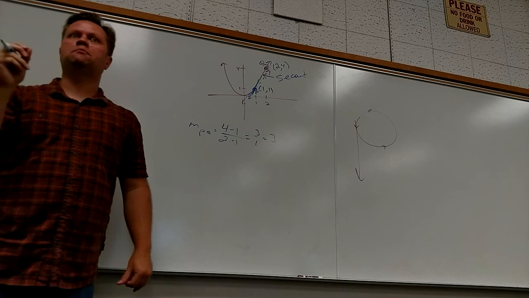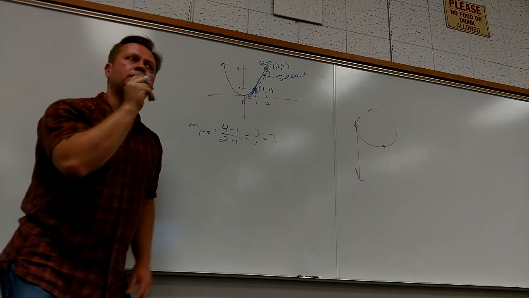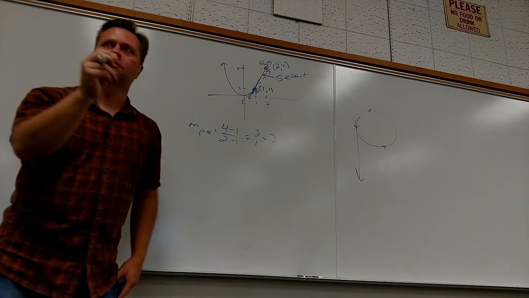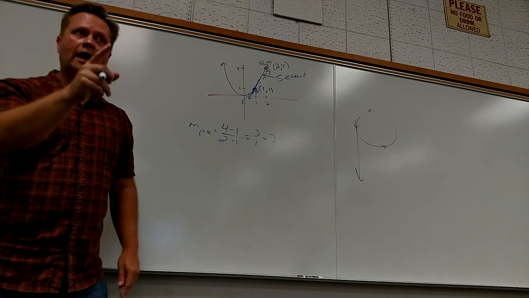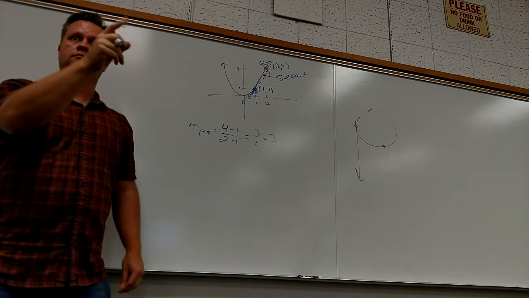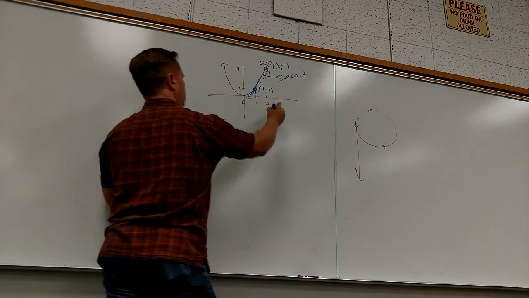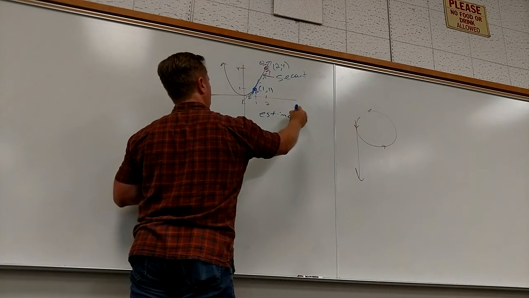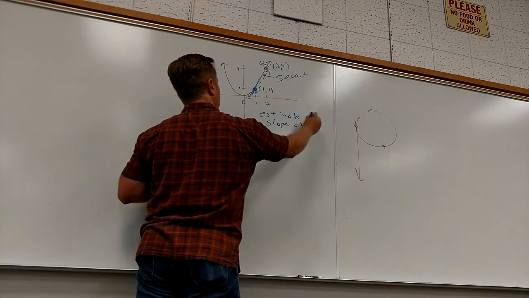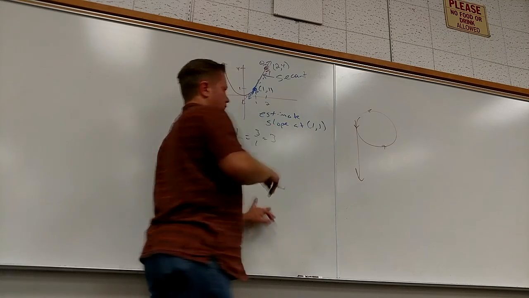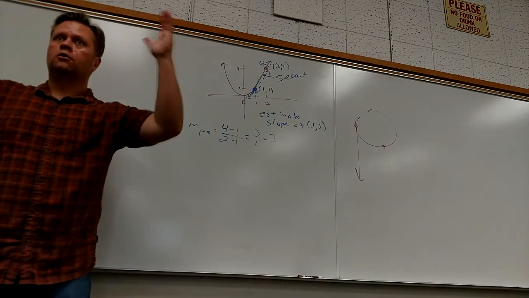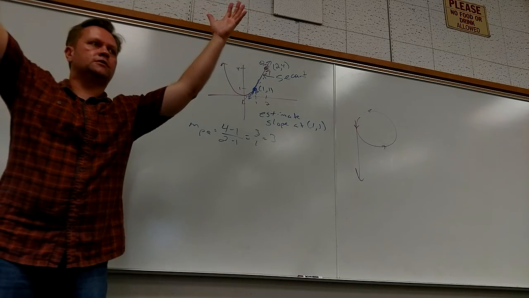How do I make my estimate better? Remember, what am I trying to estimate? The slope at 1, 1. I wanted a slope at this point. So we're trying to estimate the slope at 1, 1. Our algebraic minds go, I need 2 points.